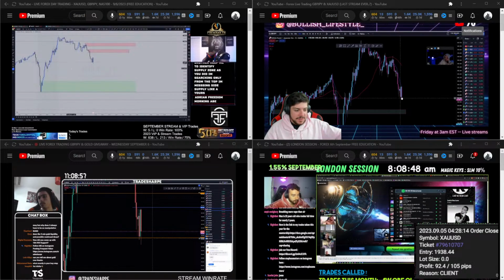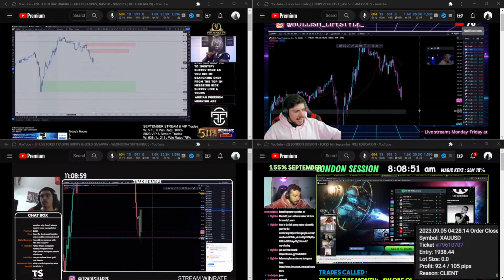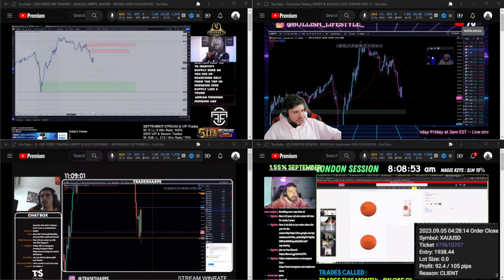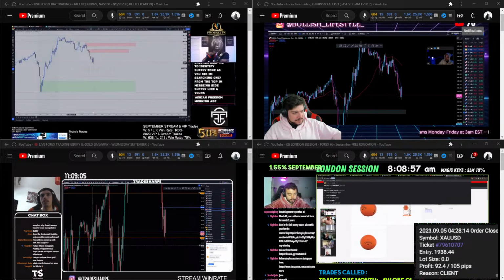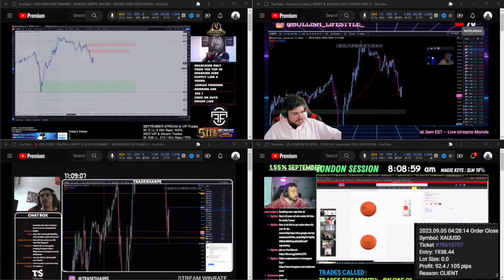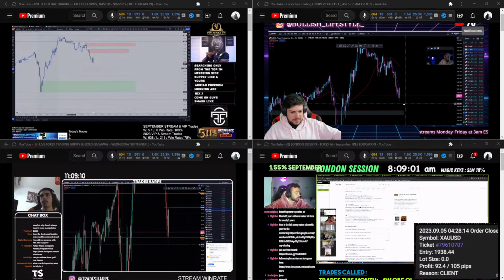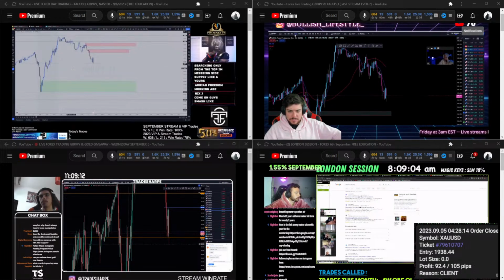Also, we have this whole support zone here, basically rejecting this. Why can't we just get volume, this flip and go up?